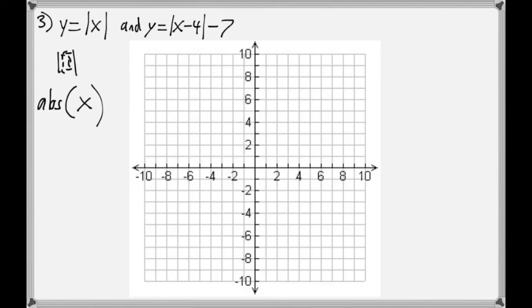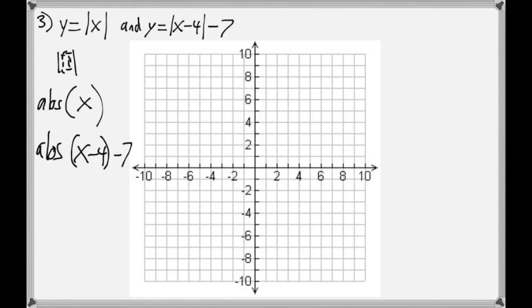And then the second one, absolute value of x minus 4, and I want to make sure to be outside the absolute value when I do the minus 7. So it's going to be absolute value of x minus 4 and then minus 7.